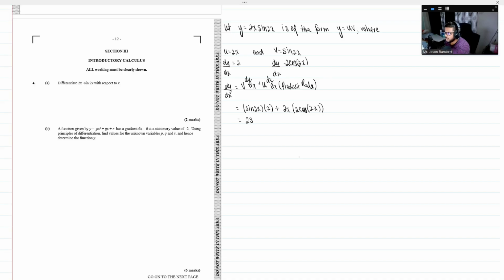I'll get 2 sine 2x plus 4x cosine 2x. I mean, we could factorize out the 2, but it's neither here nor there for this one.